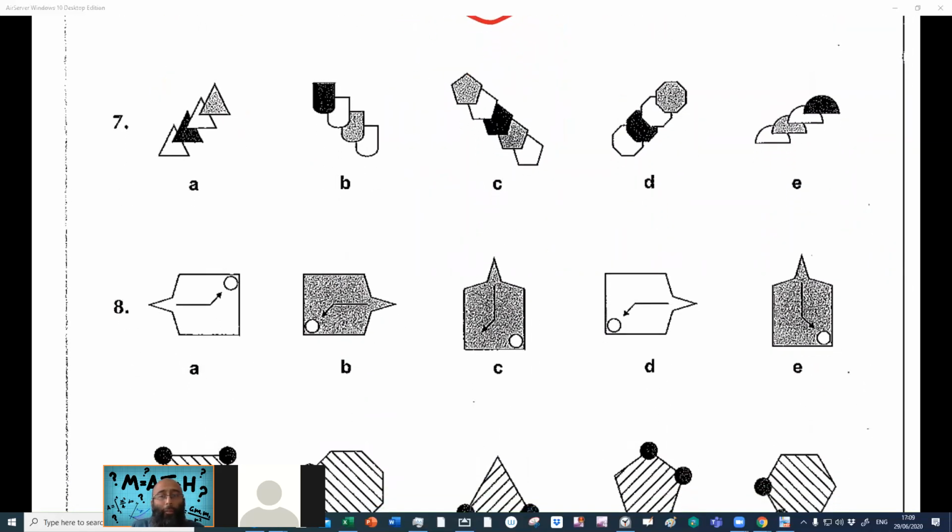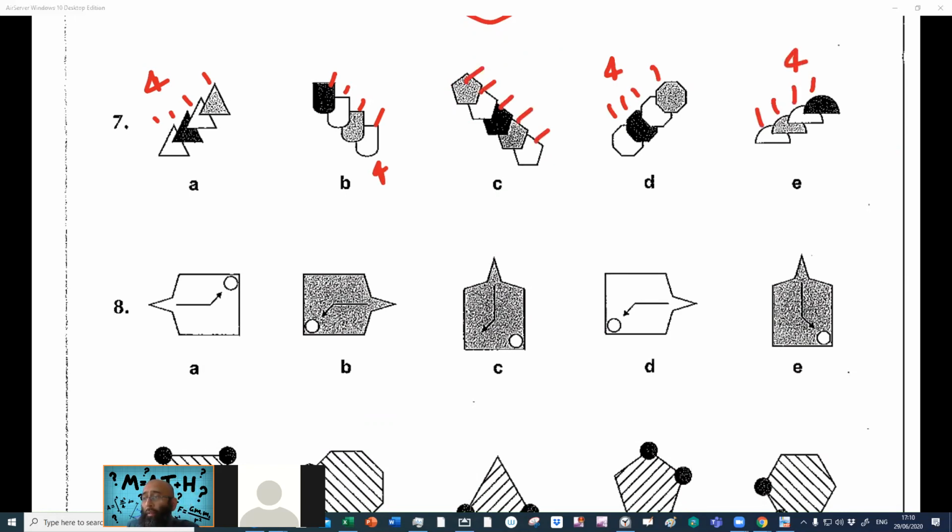Question number 7 now. So we're looking for the odd one out. Let's have a look. How many items do we have here? 1, 2, 3, 4. 1, 2, 3, 4. The angle is not really important because they're going all different angles. 1, 2, 3, 4. 1, 2, 3, 4, 5.